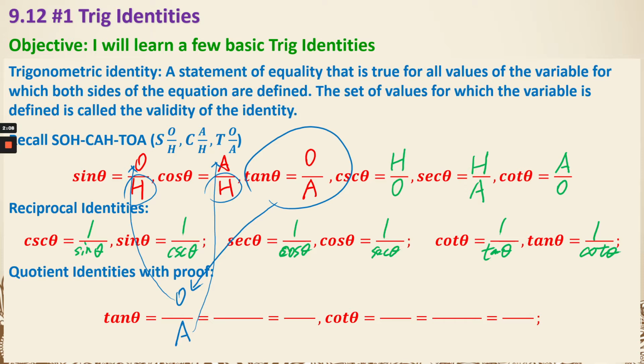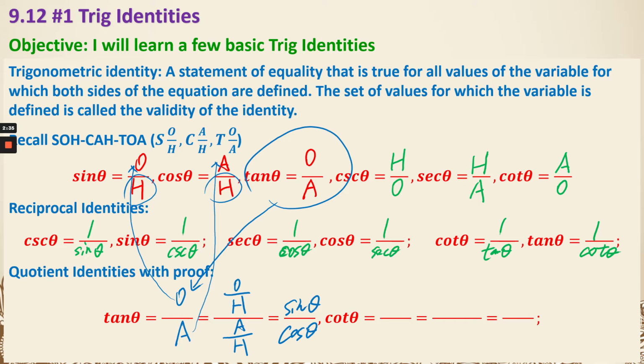So I'm going to put them in that form. I'm going to divide the top by a hypotenuse and the bottom by a hypotenuse. Since I did the same thing on the top and the bottom, it wouldn't change anything. But then you will notice the top is actually sine and the bottom is cosine. So tangent is actually sine theta over cosine theta.